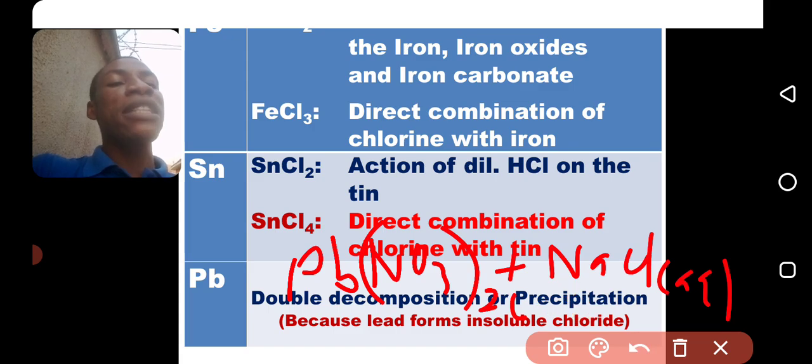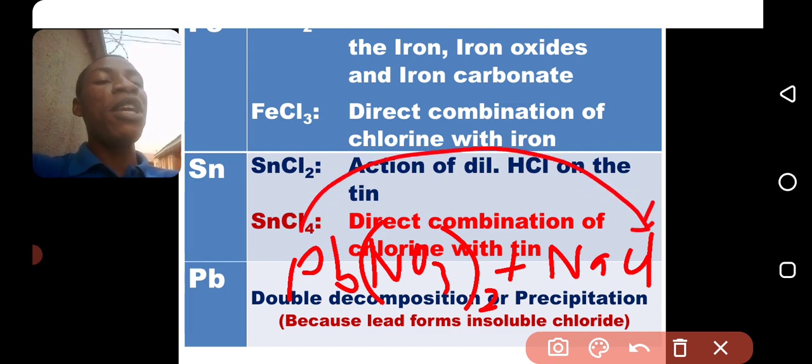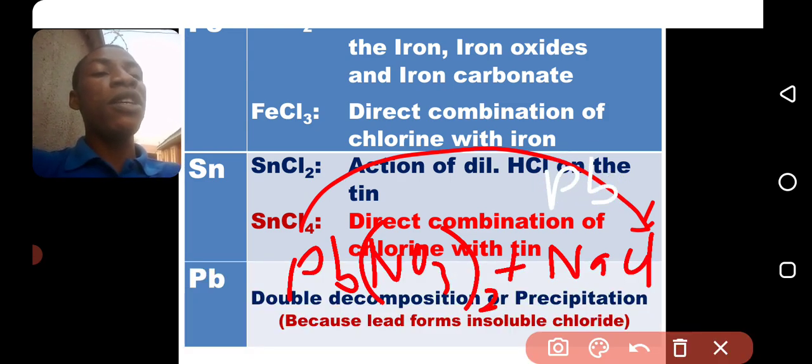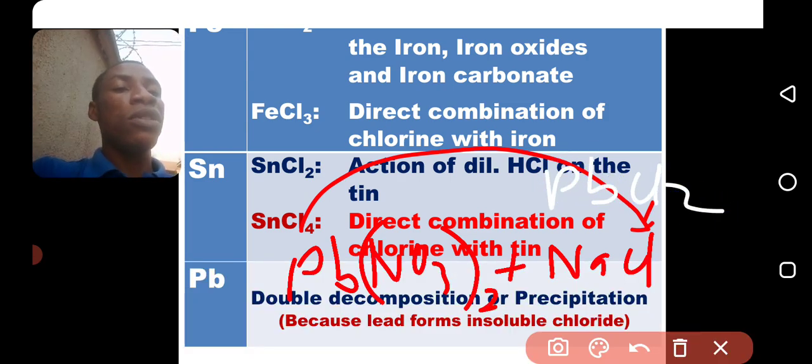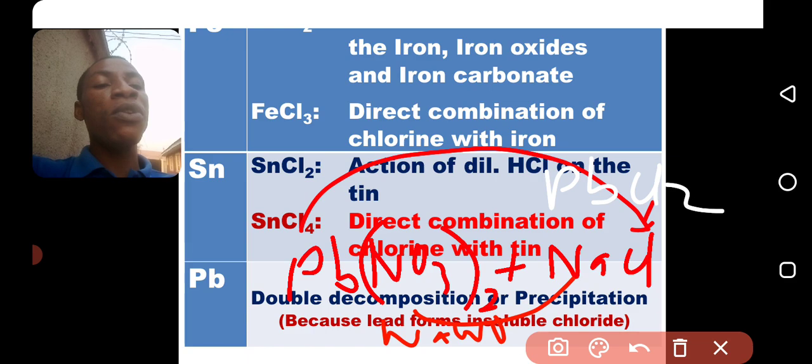When you do that, there will be double decomposition or precipitation. The lead will pick up the Cl and give us PbCl2, and the Na will pick up NO3 and give us NaNO3.